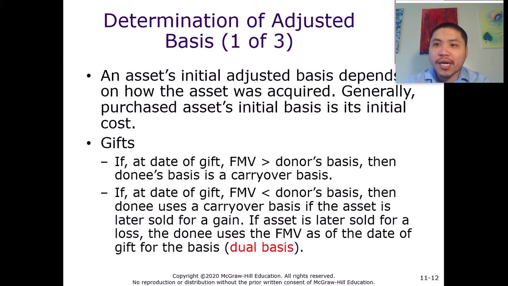They can buy the property, or they can receive the property from someone as a gift, or they can inherit it. The taxpayer, the owner of the business, may inherit the property from some family members.